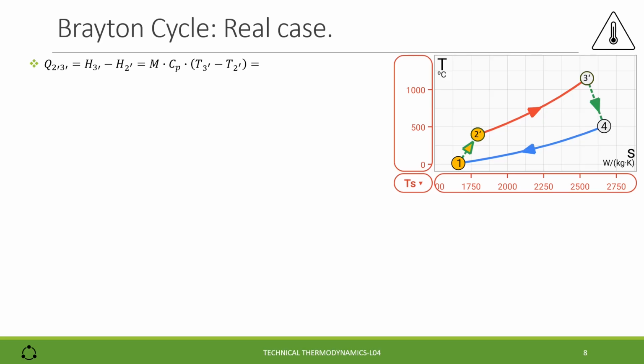The heat over the transformation 2 prime 3 prime is H3 prime minus H2 prime and turns into 15,053 kilowatt.